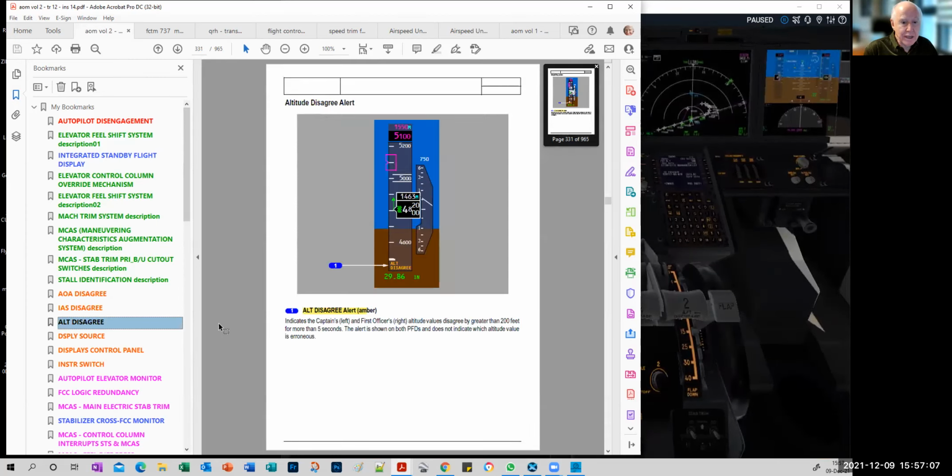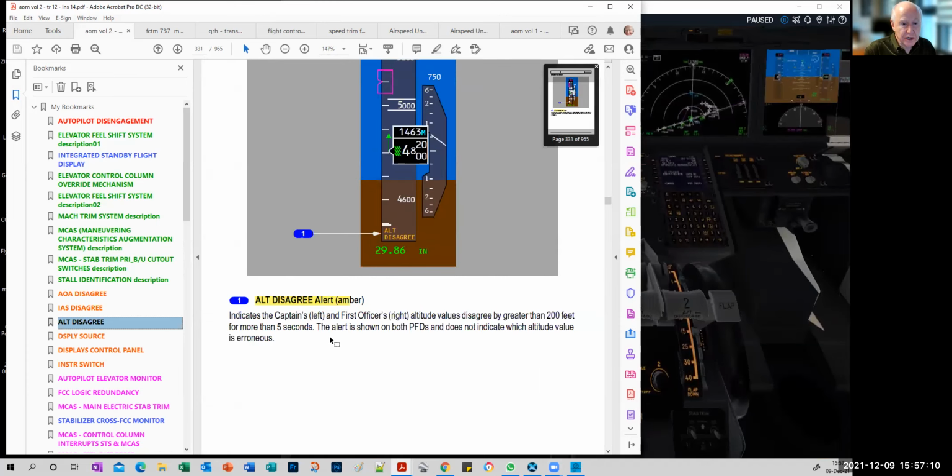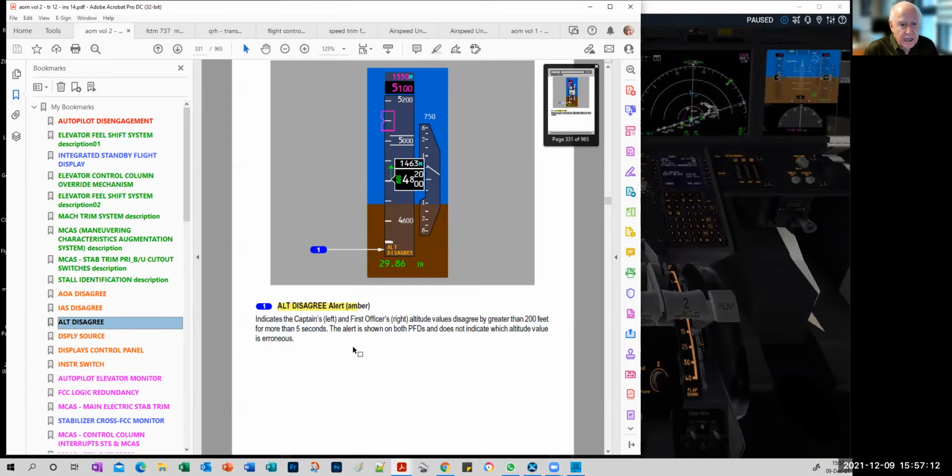The other message is the ALT disagree, and the ALT disagree indicates the captain's left and first officer's right altitude values disagree by more than 200 feet for more than 5 seconds. The alert is shown on both PFDs and does not indicate which altitude value is erroneous.